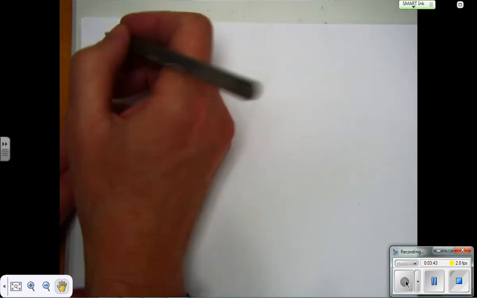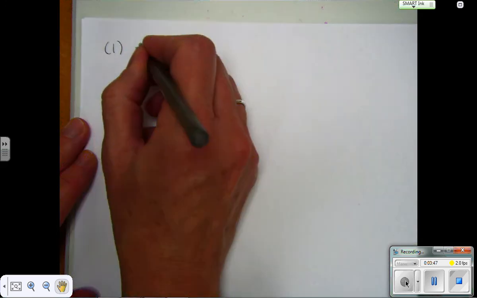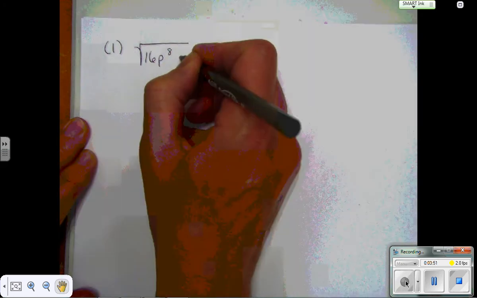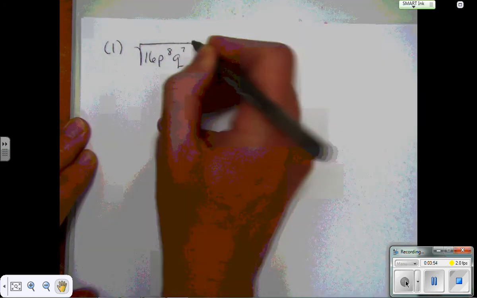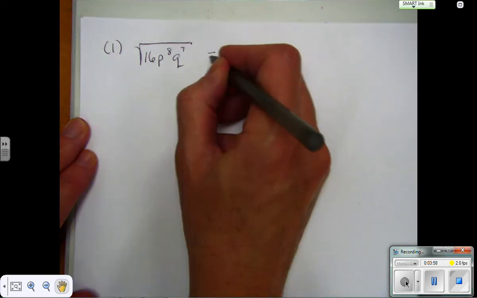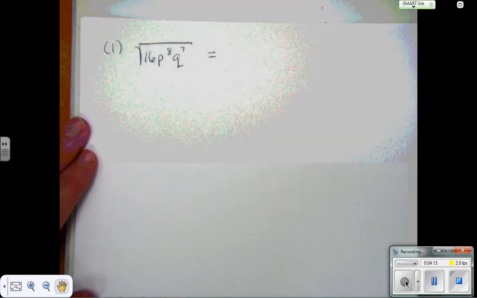Okay, so on the first one, we are going to simplify. So I have the square root of 16 p to the 8th q to the 7th. Now yesterday all of the radicals simplified down and you got rid of the radical totally. You didn't have any roots in any of your answers, and today you're going to have some roots left in your answer. So this one's a good example of that because one of the variables is going to be left inside.